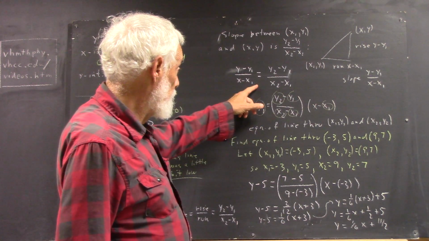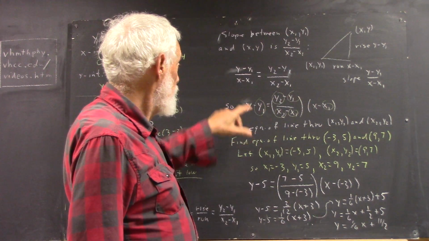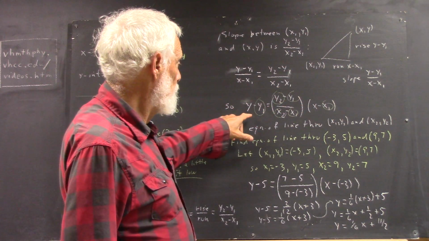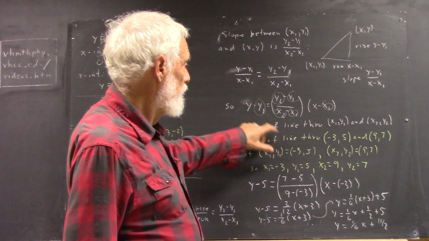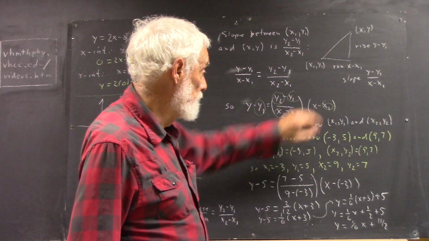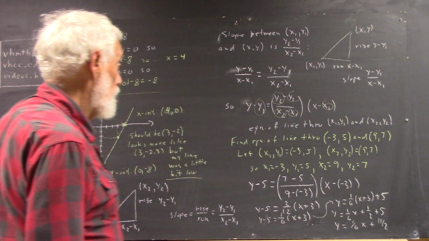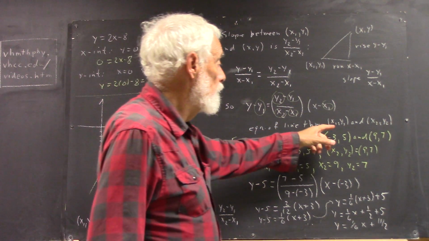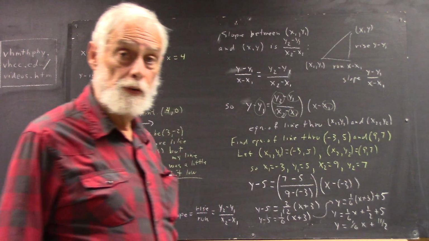We do a little algebra, multiplying both sides by x minus x1, and we get an equation that says y minus y1 equals this slope times x minus x1.